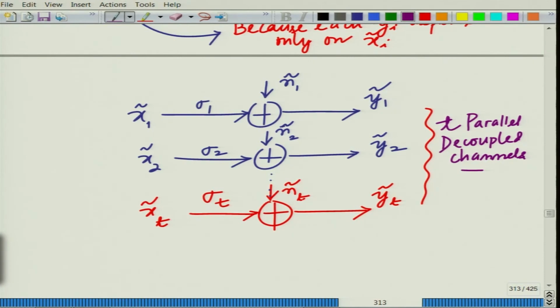So, the MIMO system, an r cross t MIMO system with r greater than or equal to t, can be decoupled into a set of t independent parallel channels, in which in each channel you are transmitting the symbol xi tilde. It is acted upon by the gain sigma i, and then of course the noise ni tilde, and then you get the output yi tilde, and you have t such channels.